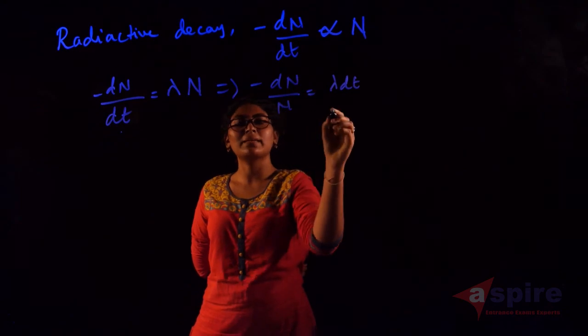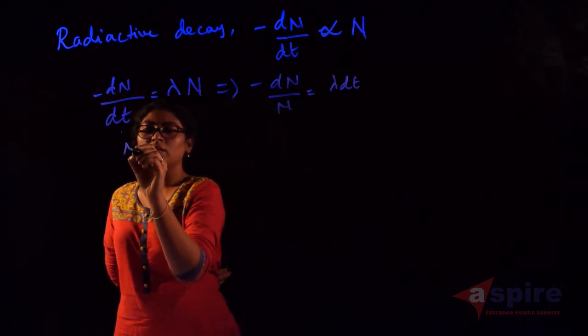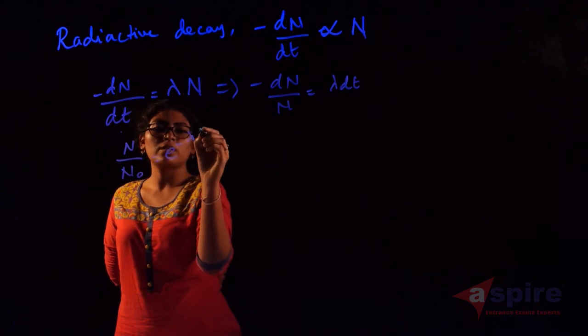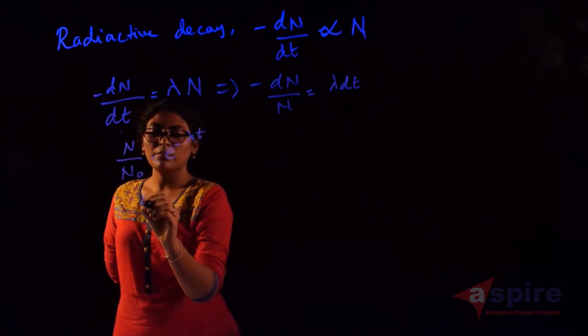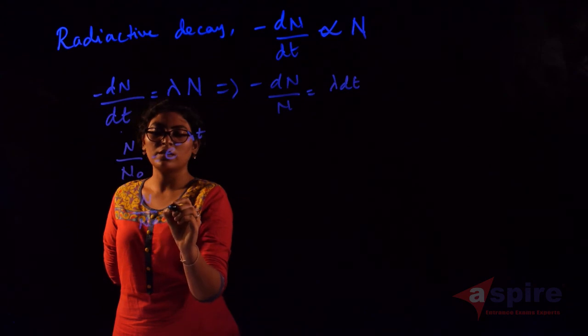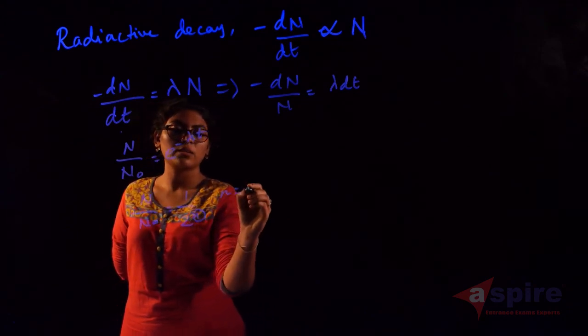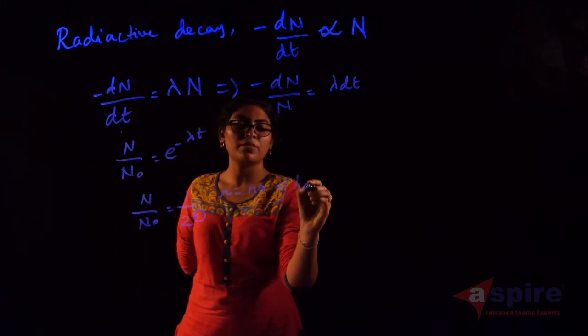When I integrate this, I'll get N by N naught is equal to e power minus lambda t. N by N naught is nothing but 1 by 2 power n, where n is the number of half-lives.